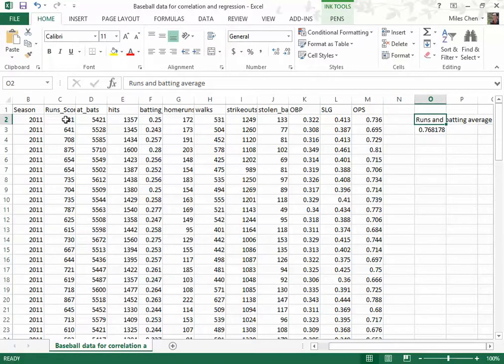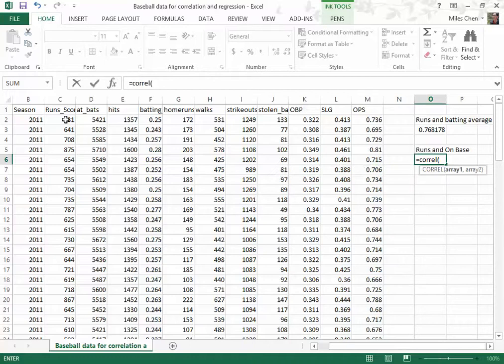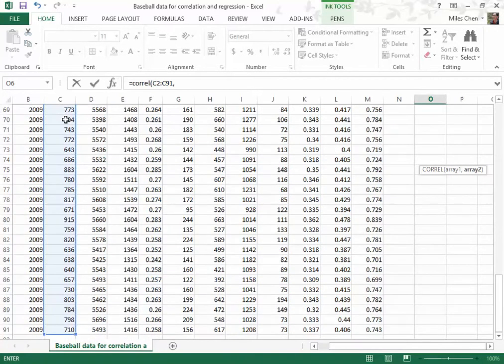But the character in Moneyball was saying a better thing is on-base percentage. So let's see what the correlation is between runs and on-base percentage. We can ask Excel to give me the correlation between runs, how many points the team scores, and on-base percentage.